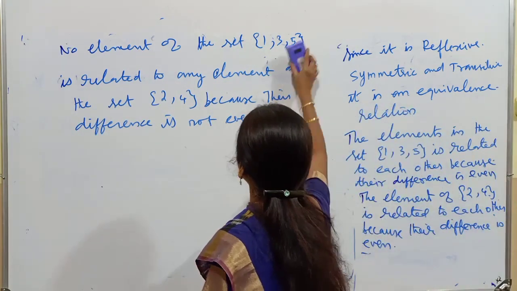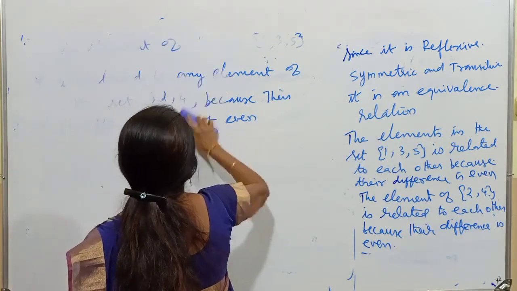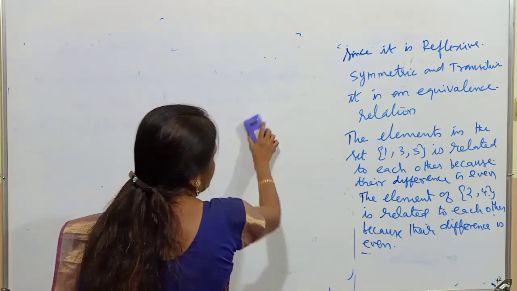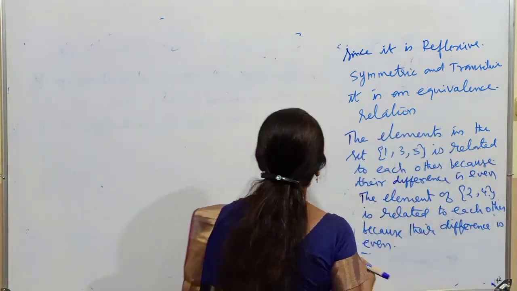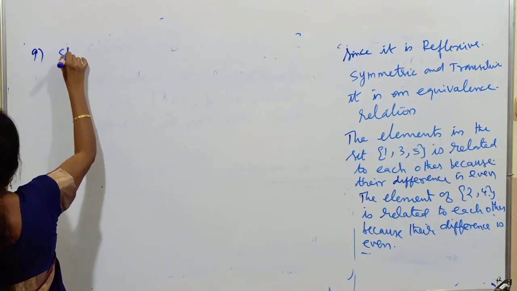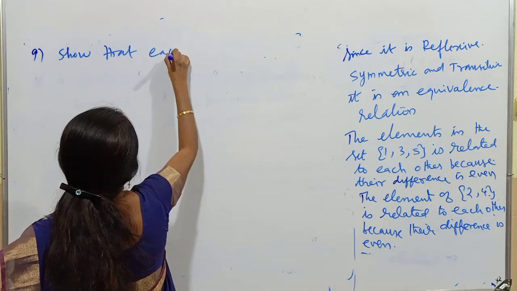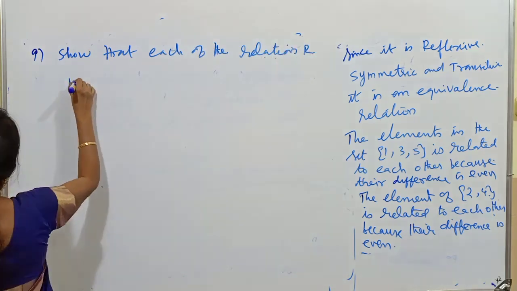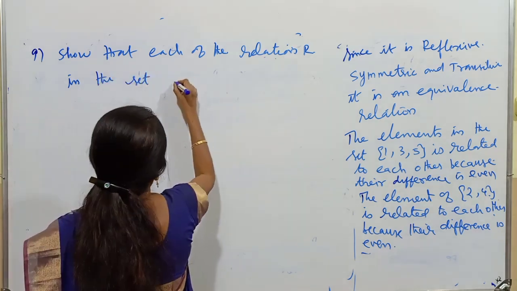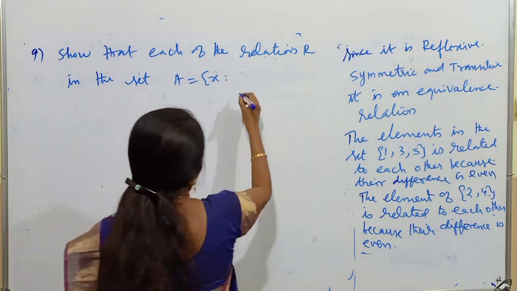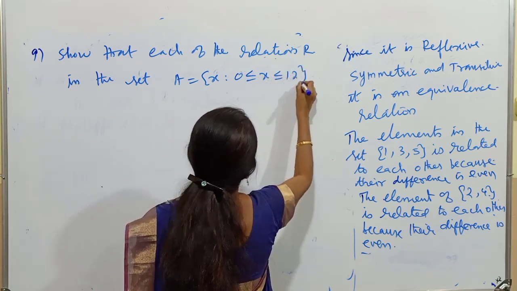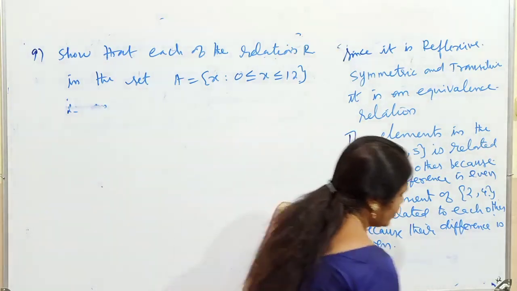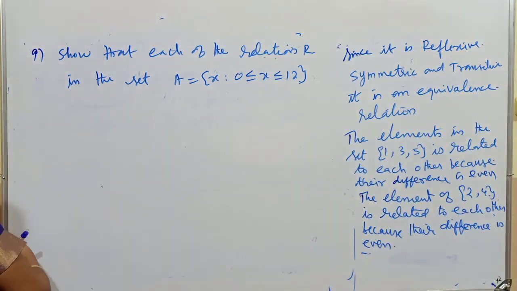Next sum. Show that each of the relations in the set A equal to X such that 0 less than or equal to X less than or equal to 12 is an equivalence relation.